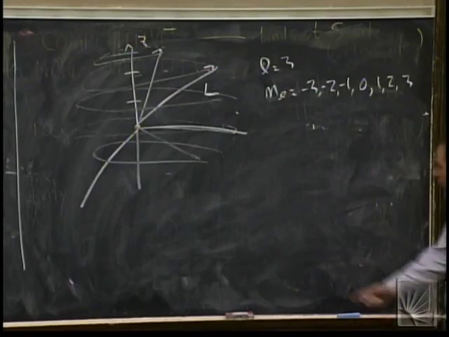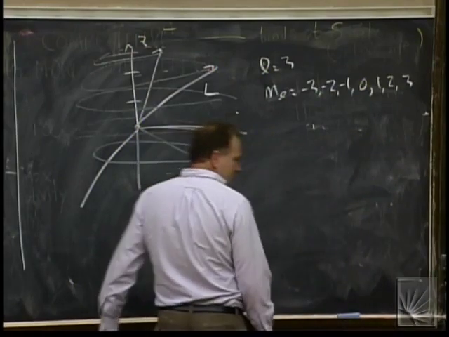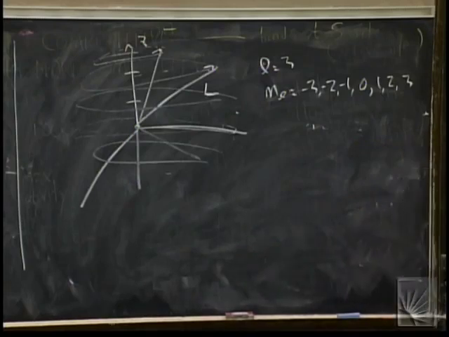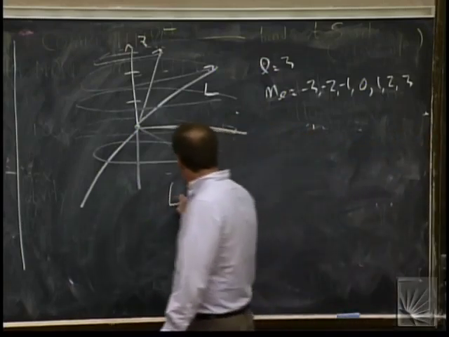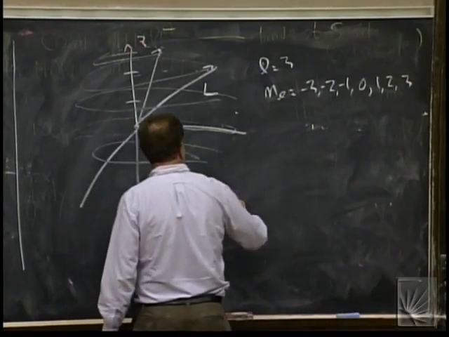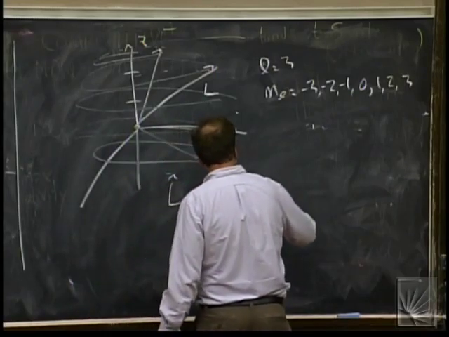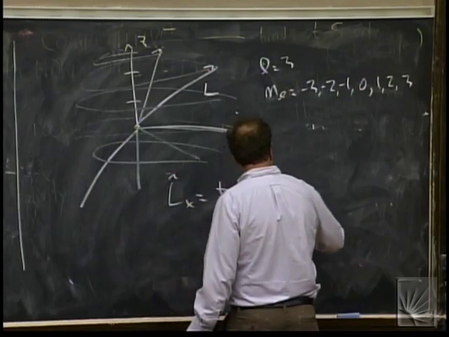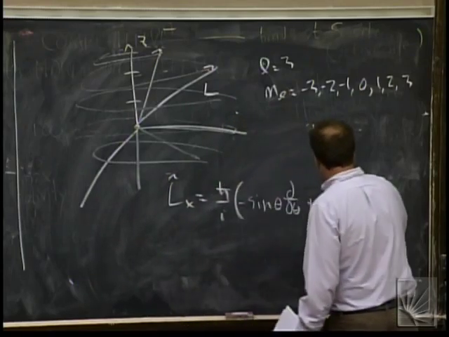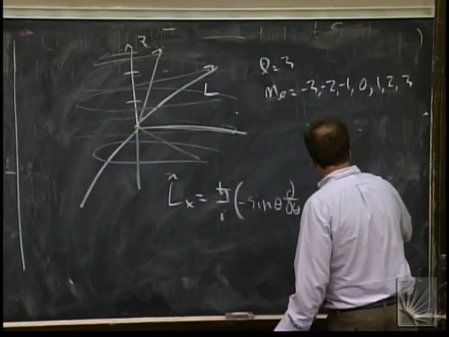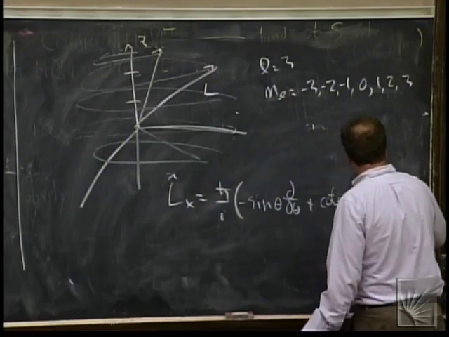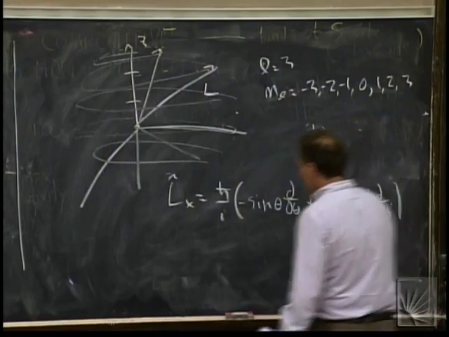Now, I had found, and I erased it, Lx is h bar over i, this horror, minus sine theta d by d theta. Actually, it's not that bad. Cotangent theta, cosine phi, d by d phi, that's an operator.